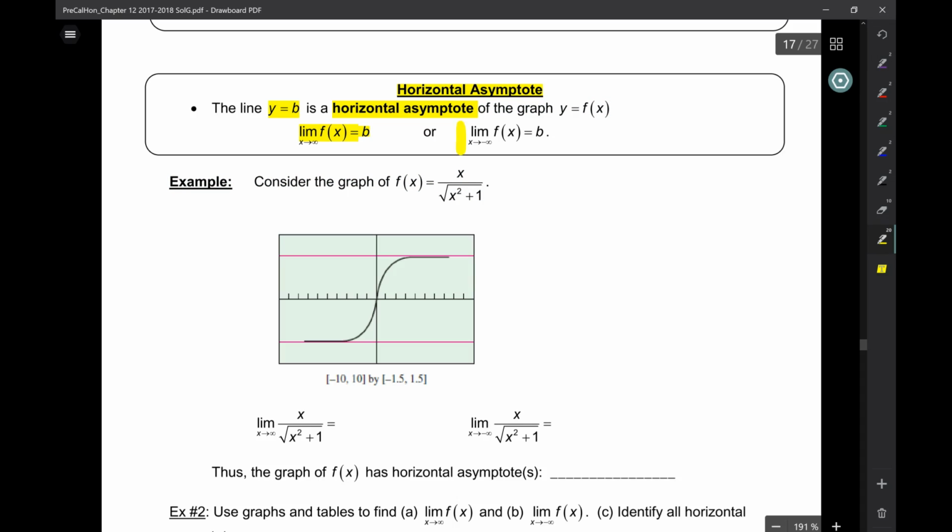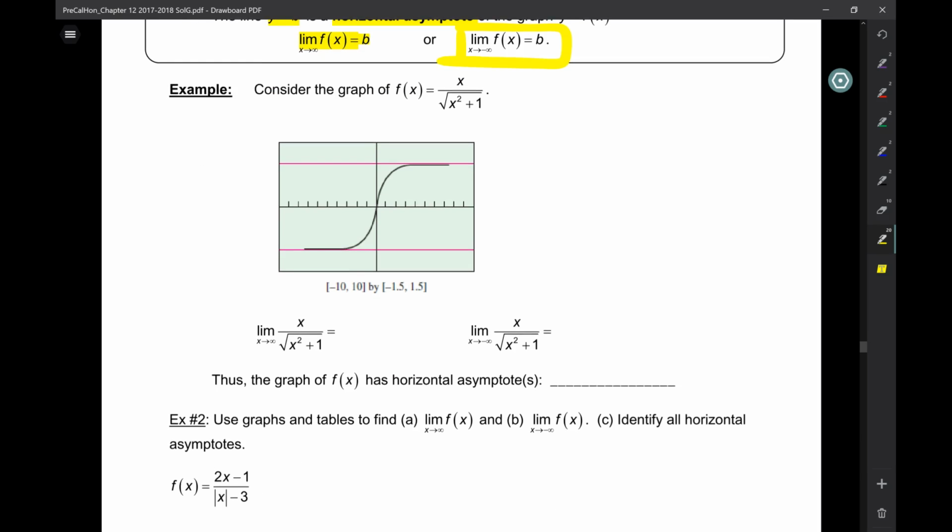All right, so let's take a look at this function. This is x over the square root of x squared plus 1. And take a look at what that graph looks like. The x-axis here is going from negative 10 to 10, and the y-axis is going from negative 1.5 to 1.5.